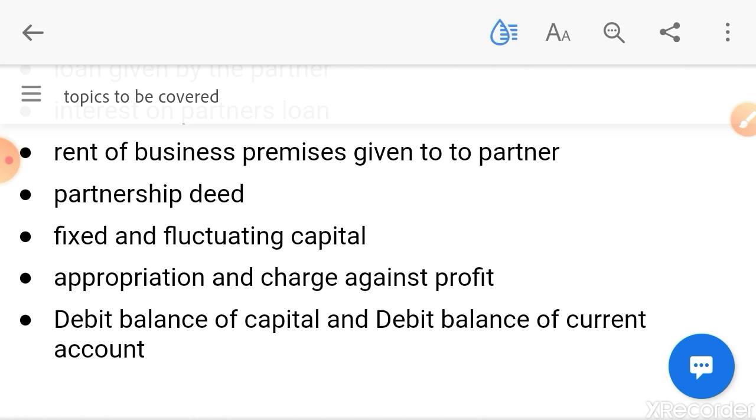But when interest is charged on current account, if it is a credit balance, then it is to be given, but if it is a debit balance, then also we have to take the interest from the partner, and it will be shown in the debit balance of current account, and if interest is charged, it will be shown on the credit side of the profit and loss account. Is this point clear? And if there is a credit balance, then the interest will be shown on the debit side of the profit and loss appropriation account.